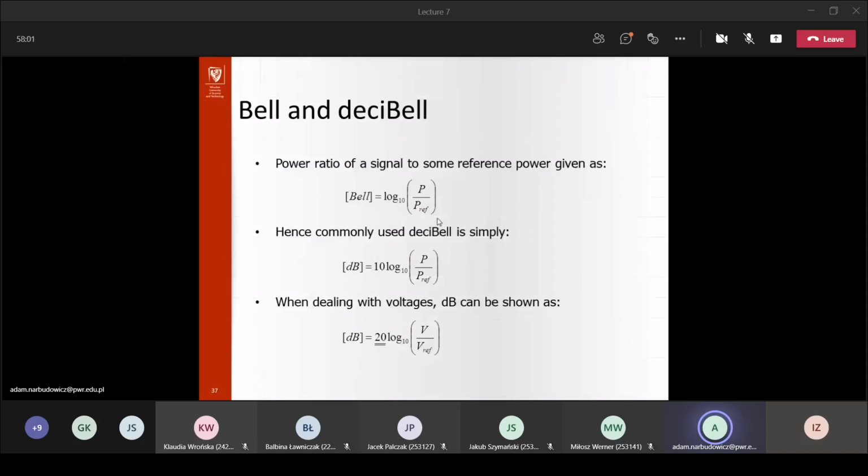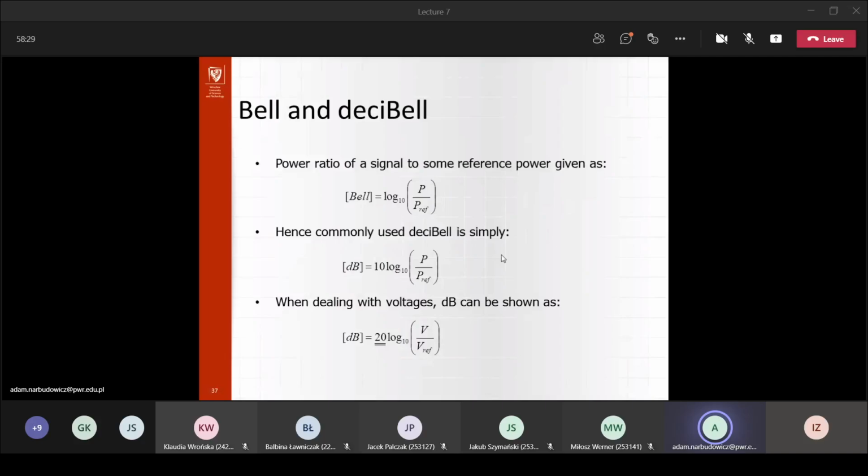The logarithm base 10 is the ratio of the power that we're investigating to usually 1 watt. So it's basically a relative metric. Commonly used is the decibel, which is 10 times the ratio. That shouldn't be surprising. I mean, that's deci-bel for 10.